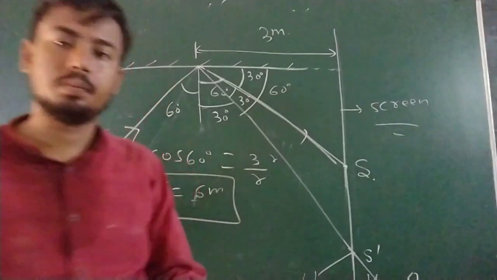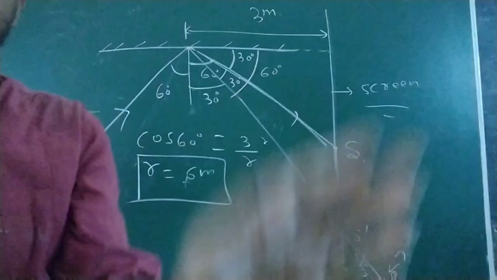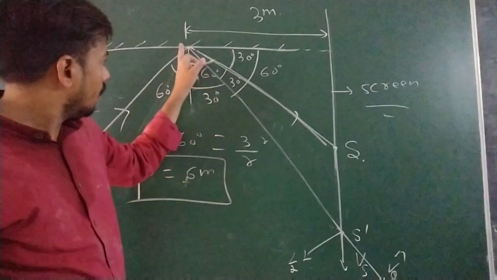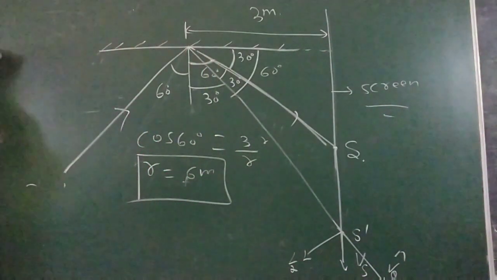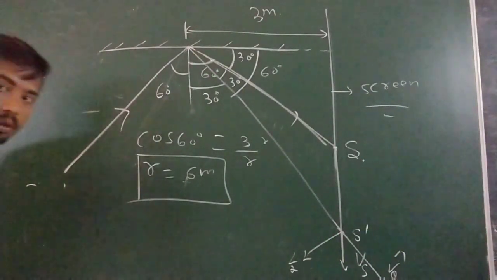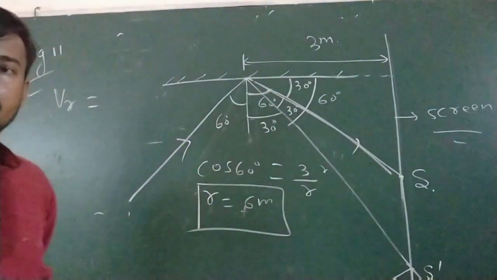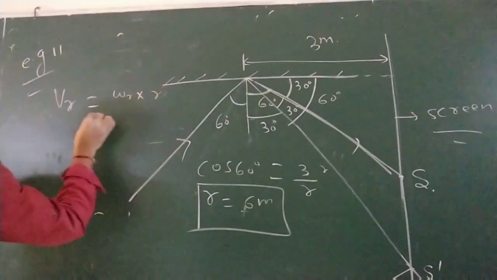So radial velocity Vr. Basically, see here. This is your radial velocity Vr. So this Vr becomes angular velocity into radius. So I am writing here Vr is equal to omega r into r.